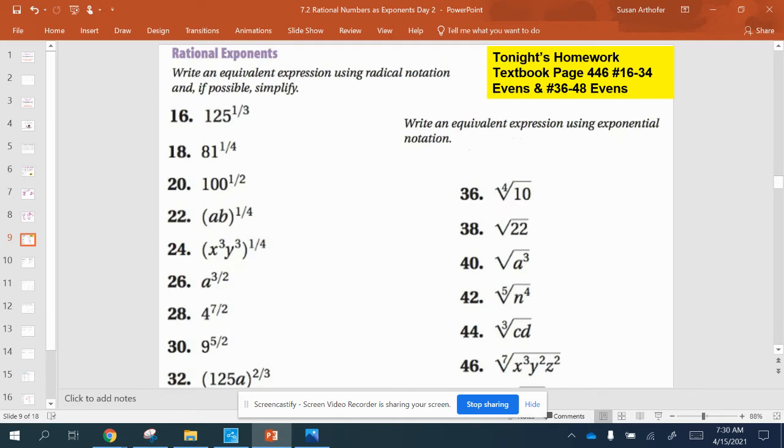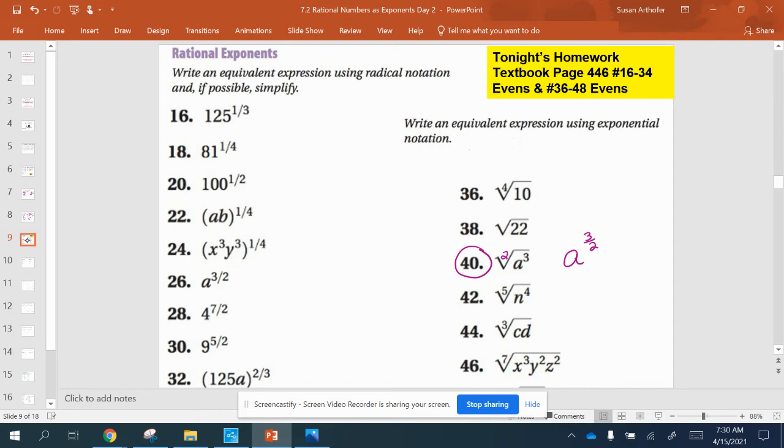I want to do a couple of them with you. So let's go over to this side right here where it's 36 to 46. Let me do one with you. So let's do number 40. Remember, if you don't see any number inside your root, it's a square root. And so this would be a to the 3/2, power over square root.